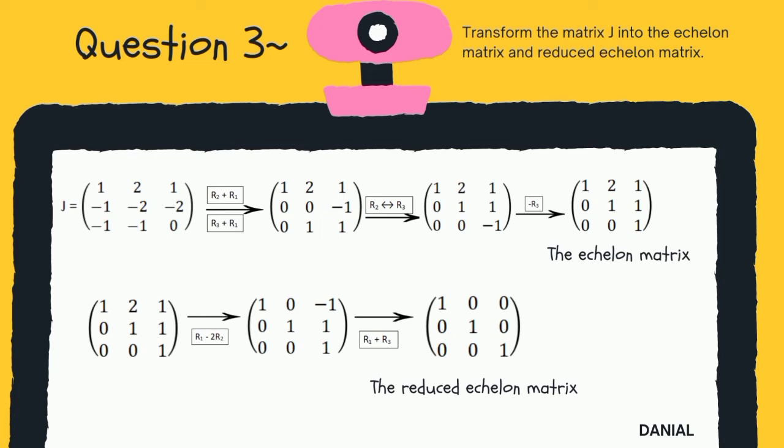B, continuing from part A, row 1 minus 2 row 2. So row 1 is referred to row I, while negative 2 row 2 is referred to negative 2 row J. So we need to change R2.